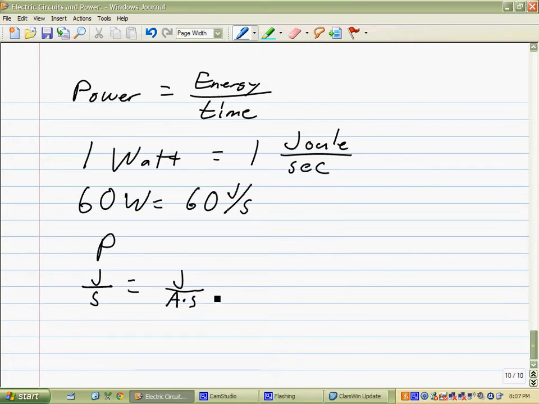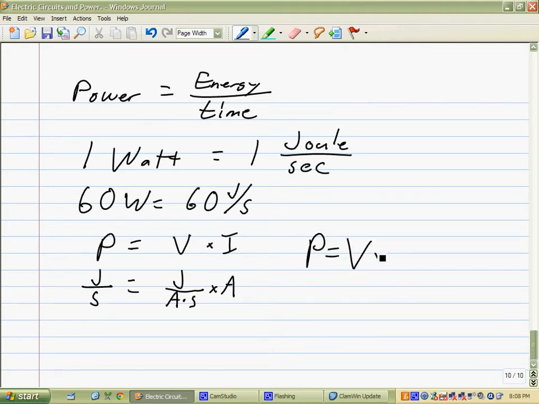So to get rid of this A on the bottom, if I take a volt and multiply it by an amp, I'm going to get power. So by looking at the units, and what the units really mean, there are derived units and there are fundamental units. Amps and seconds are fundamental units. Joules is a derived unit. When we look at what power is, from looking at the units alone, we can actually get the equation. So you find the power that something uses by taking the voltage and multiplying it by the current.